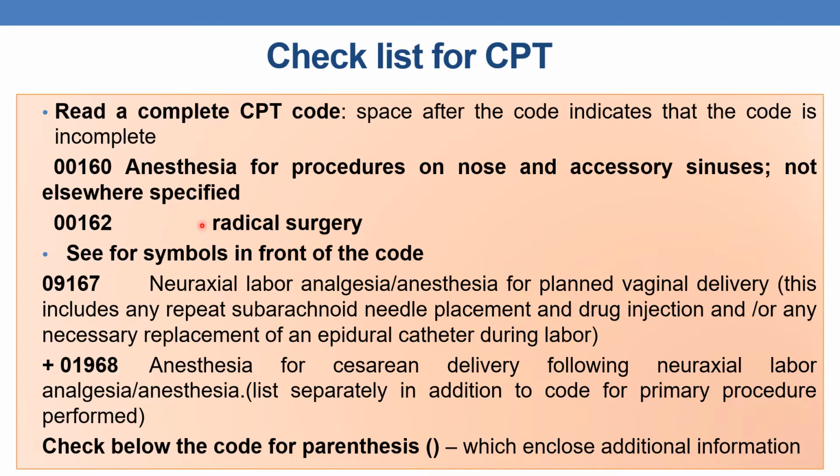So here the description is incomplete. Whereas if you see 00160, here you can see the first word is starting with a capital letter. Anesthesia for procedures on nose and accessory sinuses not elsewhere specified. This is a complete and standalone code.